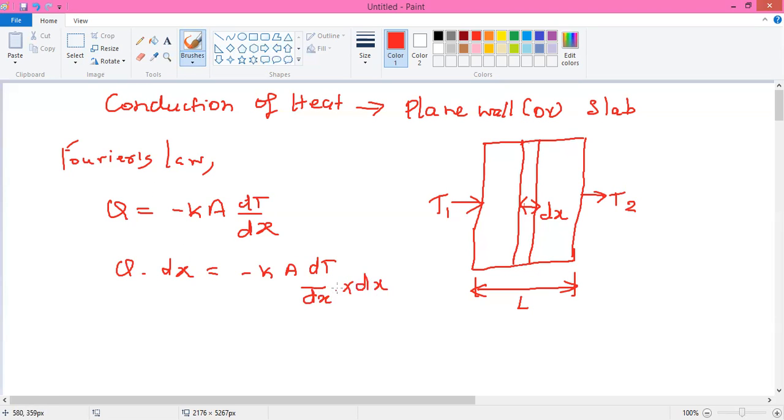We cancel the dx, and finally we get Q dx equals minus K A dT. Now we integrate the equation.